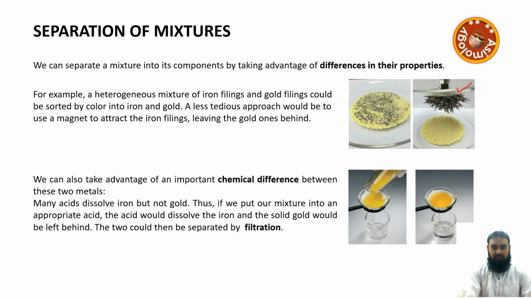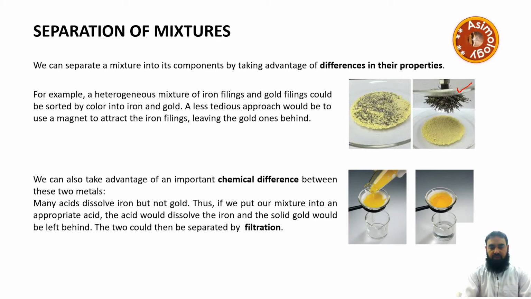You can also separate this mixture by taking advantage of some other chemical difference between the two elements. For example, solubility. Iron can be dissolved in some acids while gold is not soluble in acids. So there is a difference in the solubility of the two elements, and this chemical property can help you to separate the mixture.